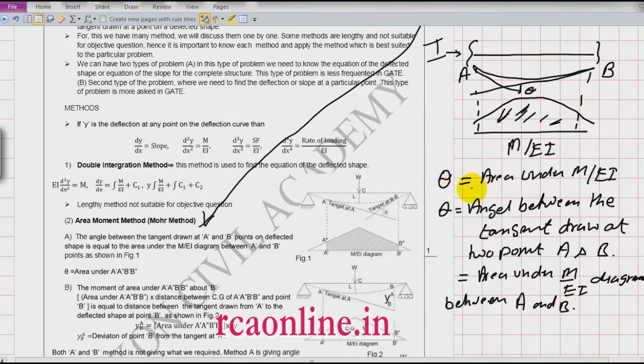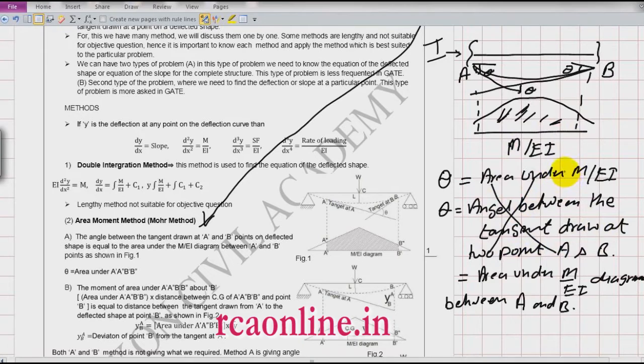Clear? Now it doesn't serve my purpose. I will never require the angle between the two tangents. What I am interested in is the slope of the tangent drawn at A or the slope of the tangent drawn at B. So I am not interested in this part, but I will use this part to get the slope.